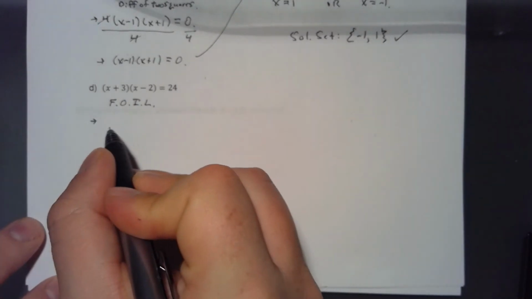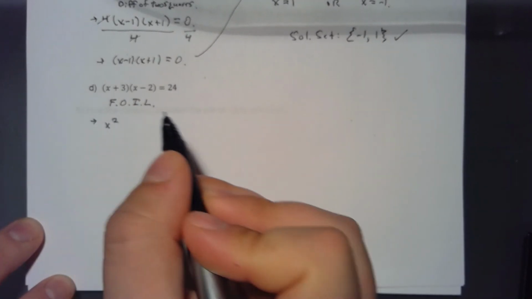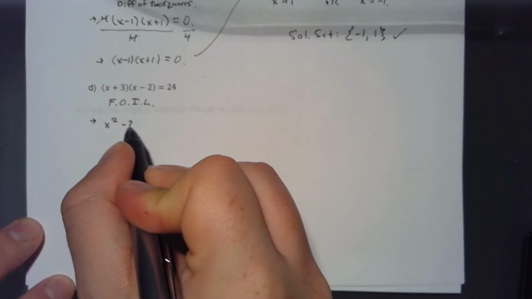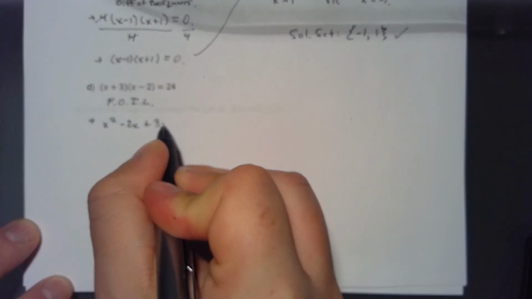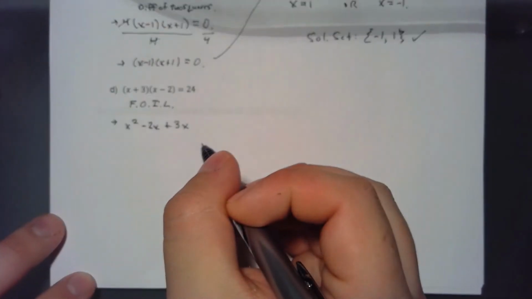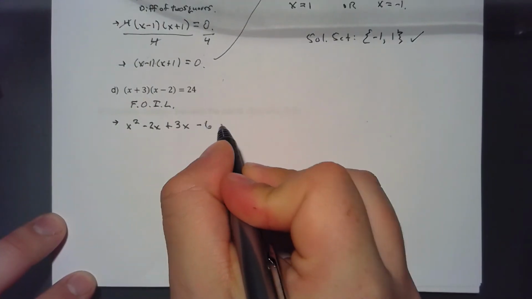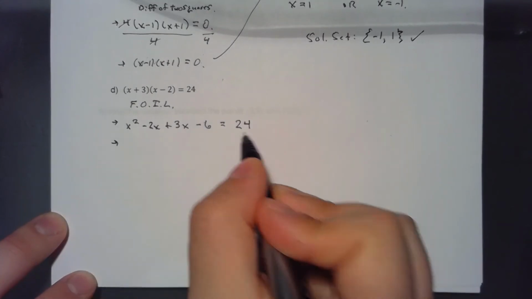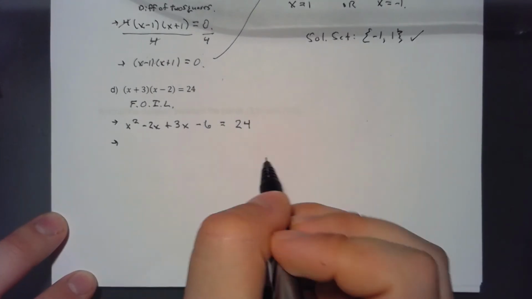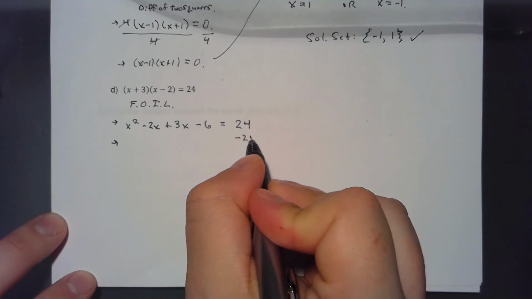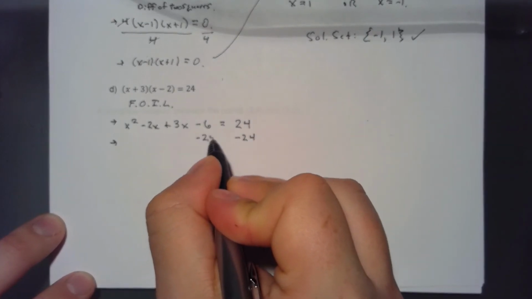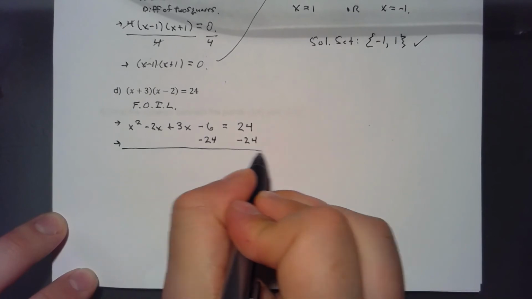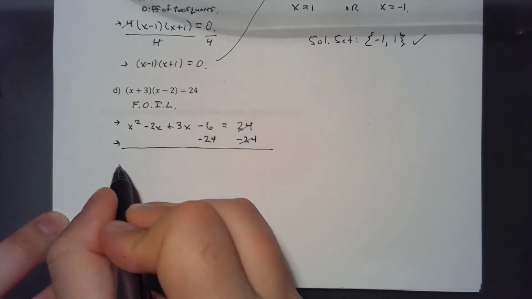So when you FOIL out, you're going to get x squared minus 2x plus 3x minus 6 equals 24. Now you could see how I could combine like terms with the negative 6. So if I subtract 24 now from both sides, that right side becomes 0.